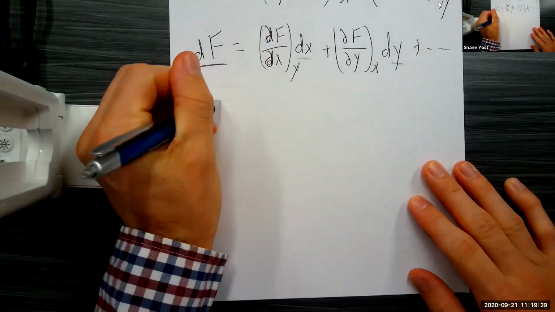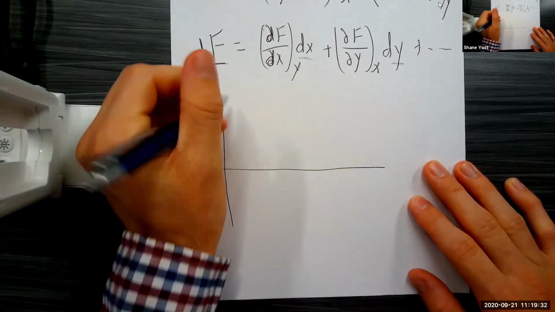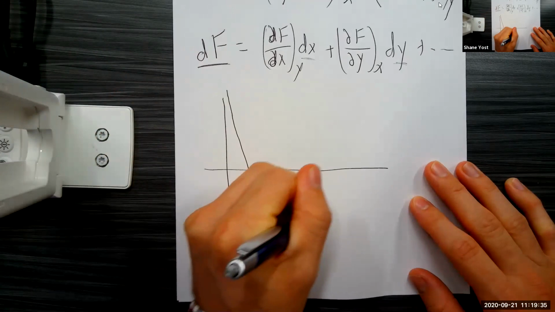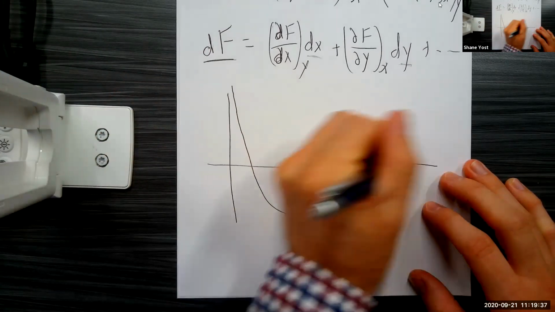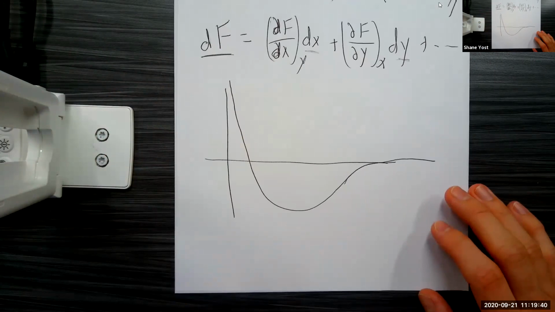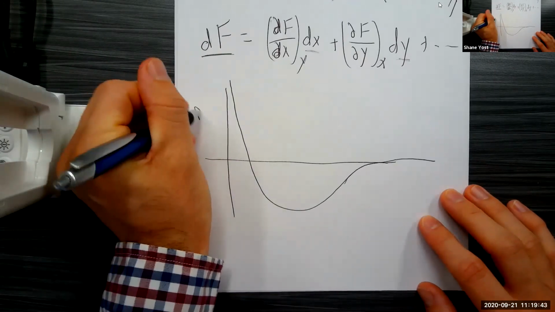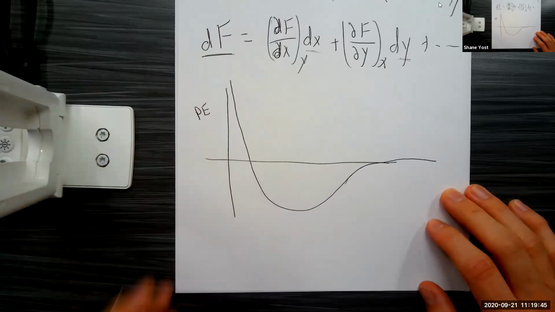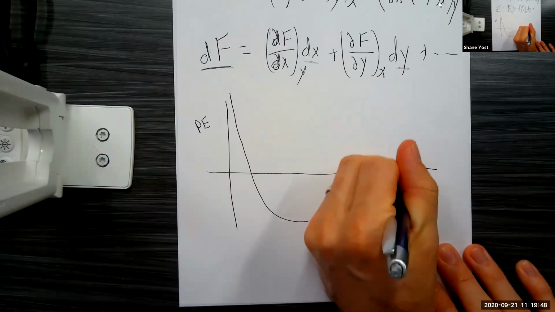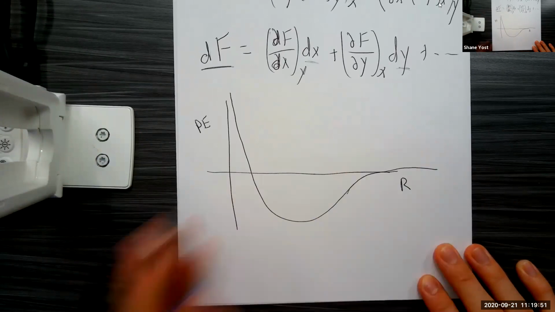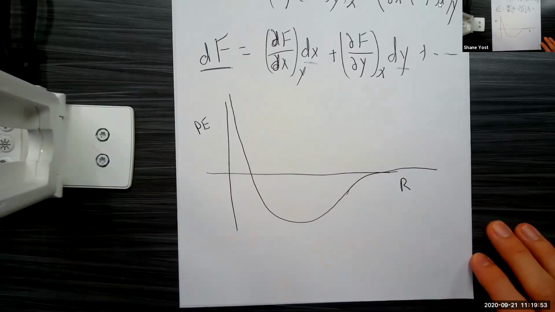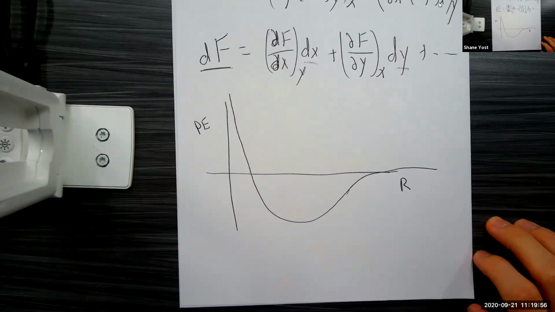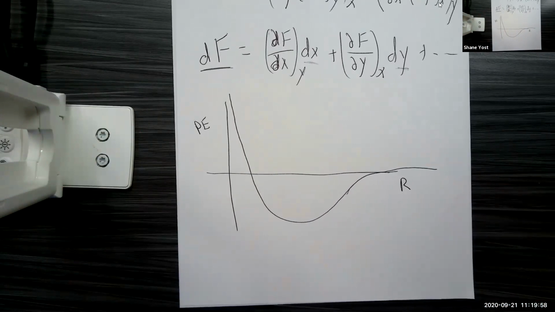All right, so if we think about some real gas that has a potential energy that looks like this, this is its potential energy, the internal energy of that gas as a function of the separation distance, R. If I'm at a certain volume, my gas molecules on average are a certain distance away from each other.